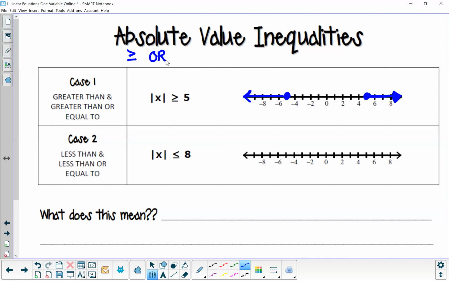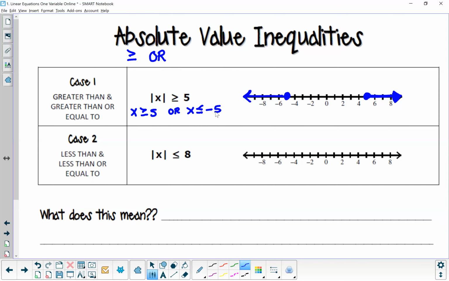So in this case, we're separating into x is greater than or equal to 5 or x is less than or equal to -5. We're going to flip the symbol when we do the one that has the negative. Just notice how I flipped the symbol.